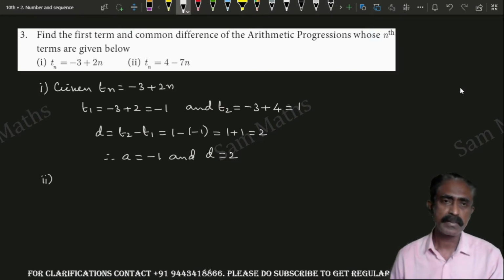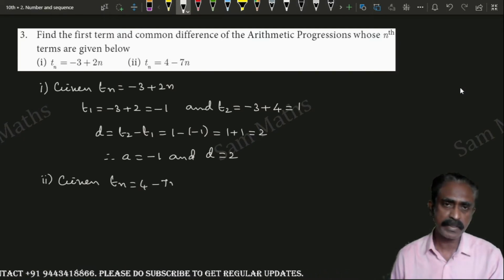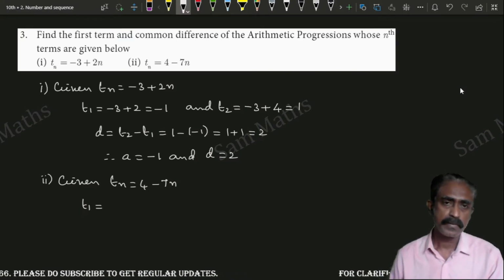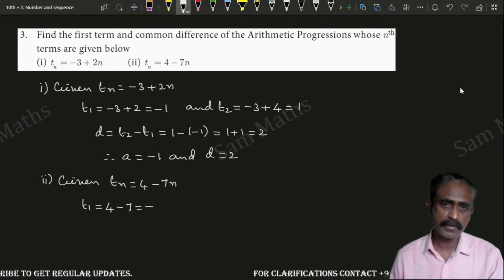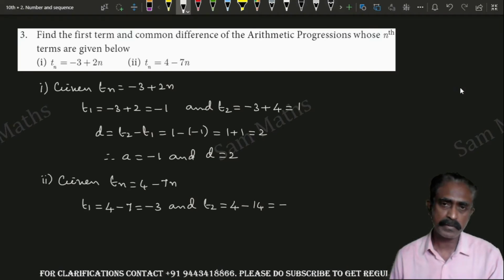Second subdivision, given Tn is equal to 4 minus 7n, you find T1. 4 minus 7 into 1 is 7, that is equal to minus 3, and T2, 4 minus 7 into 2, 14, equal to minus 10.